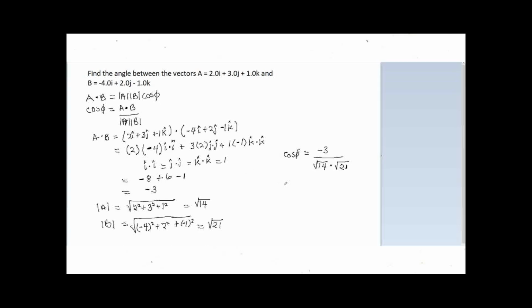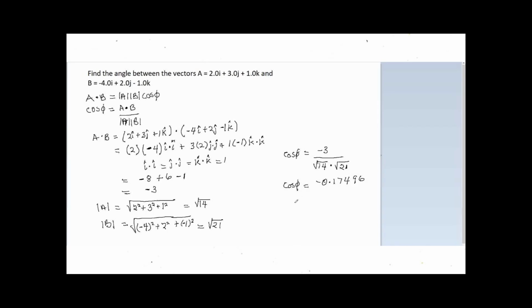So this tells us that cosine of phi should be equal to, if we do this on the calculator, -0.17496.